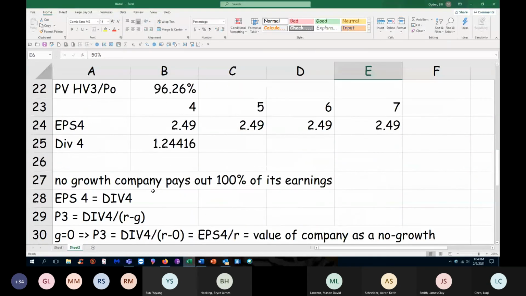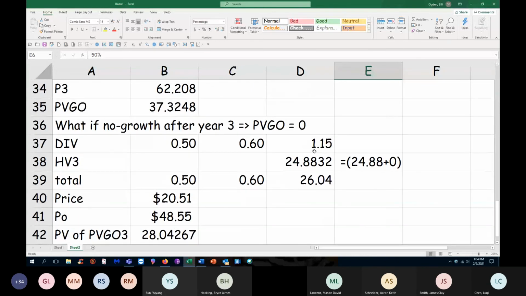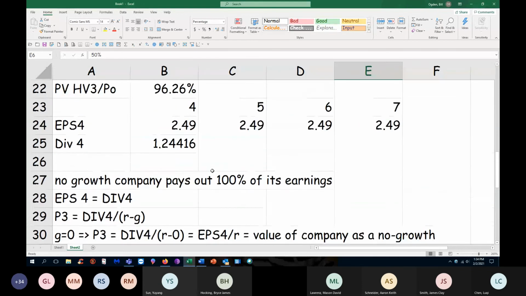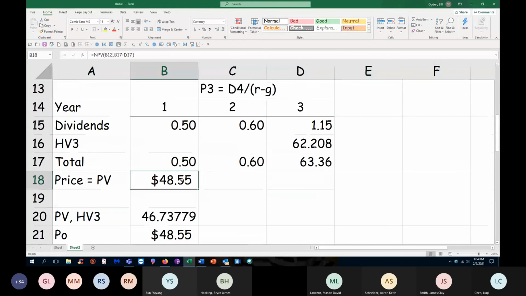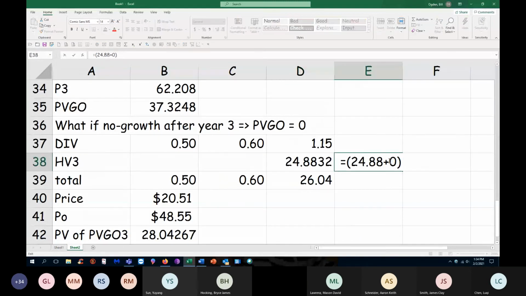We actually did it two ways. Okay, first of all, let's go back to how did we get 48.55? Let's do that one first. Well, we had the horizon. If we understand the horizon value was 62.208, and then we later noted that that horizon value had two parts. It had the value as a no growth plus the 37.32.